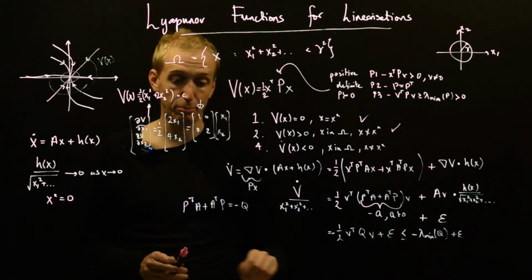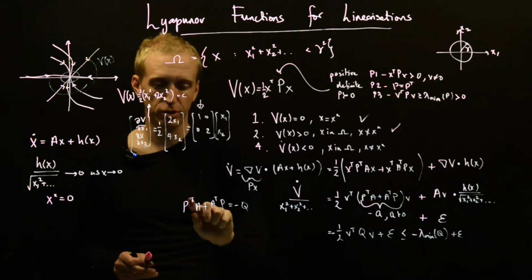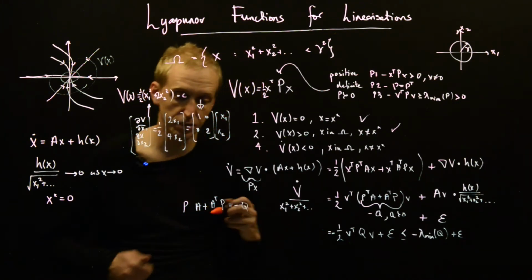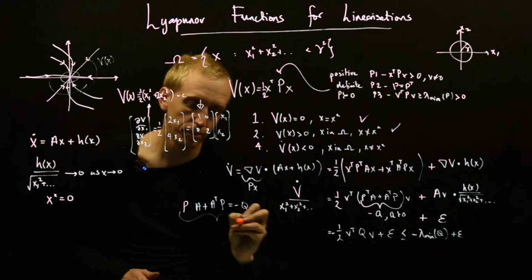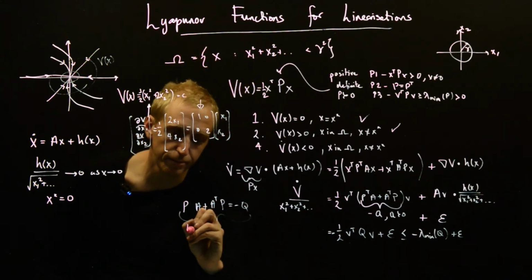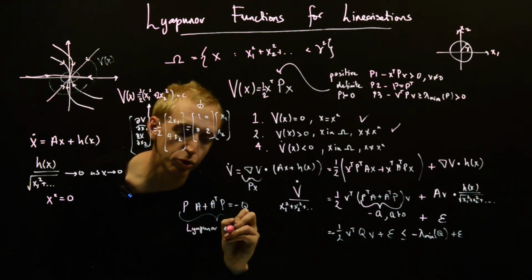This is known as a Lyapunov equation. And you see, because P is equal to P transpose, we don't actually need this transpose here. So this thing here is called a Lyapunov equation.